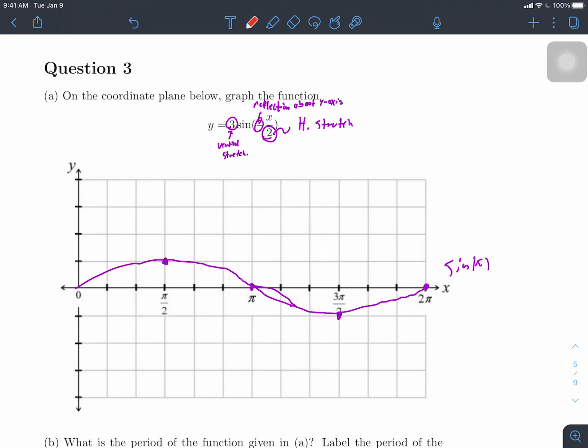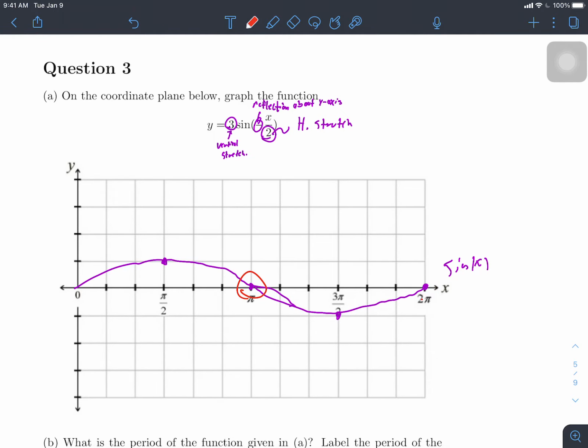Let's do the horizontal stretch first. Now we're going to stretch everything to the right and to the left by twice of what it was. So rather than taking value 0 at pi, our first 0 is going to be at 2 pi. So it's going to look something more like this.